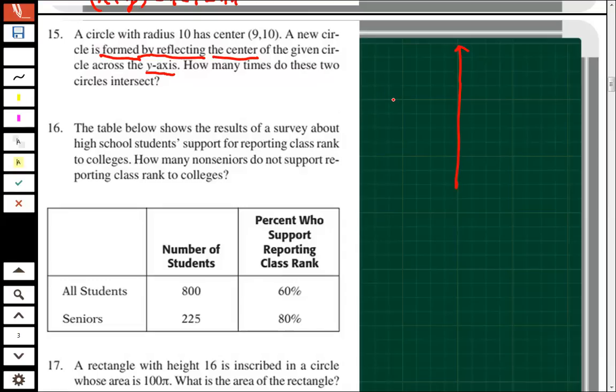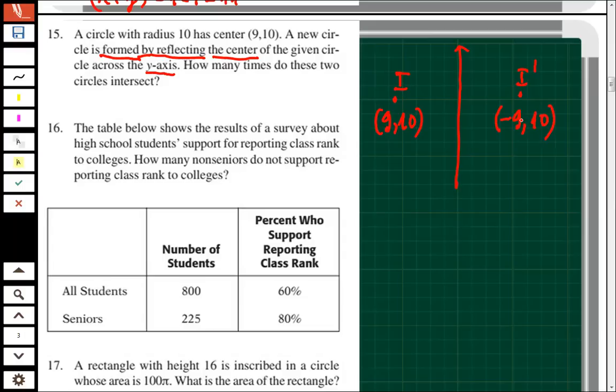And so we have the center of the original circle is 9, 10, and the new center is minus 9, 10.